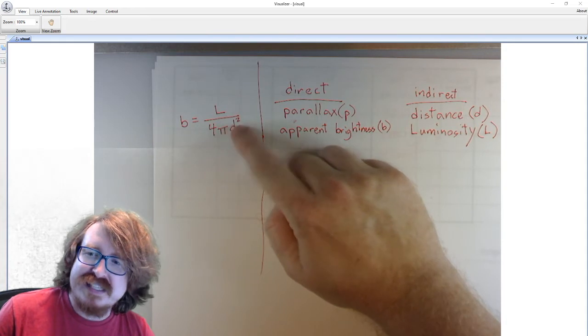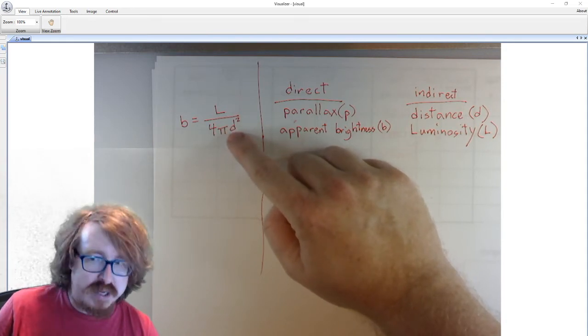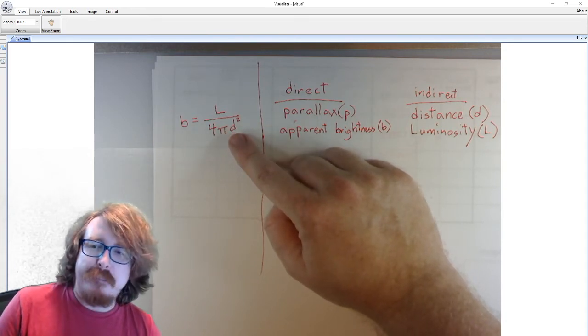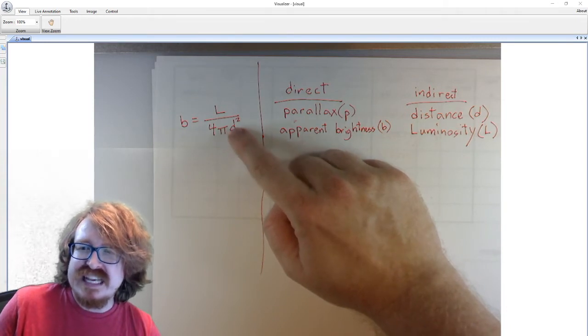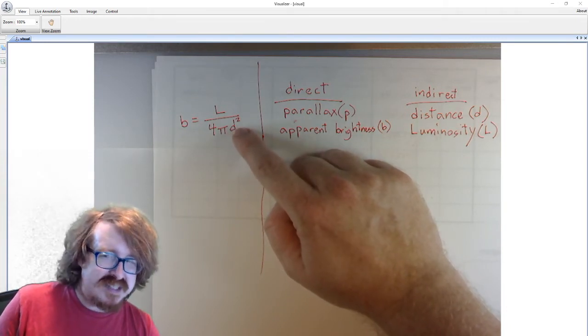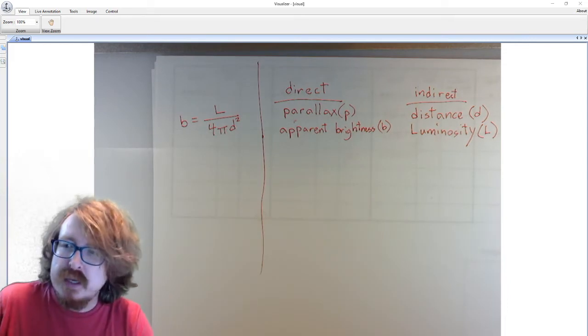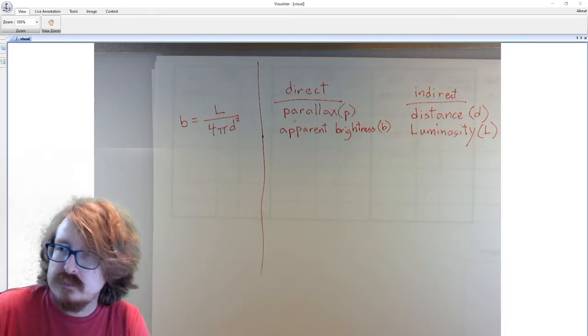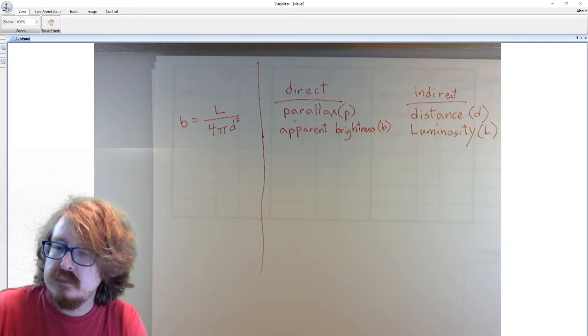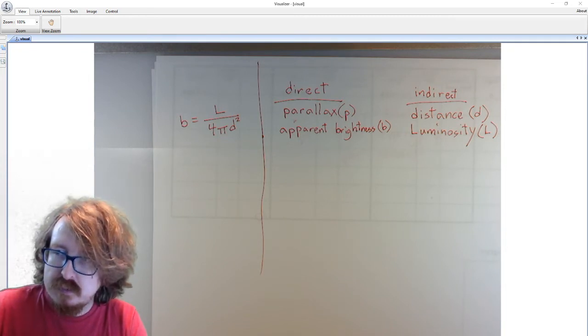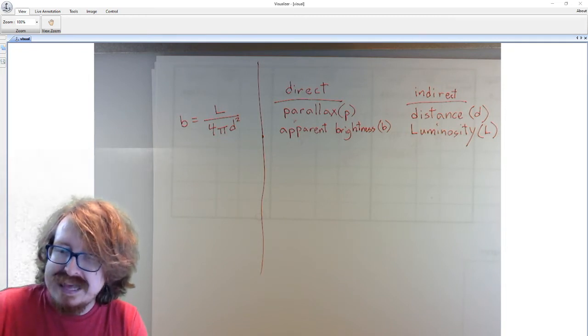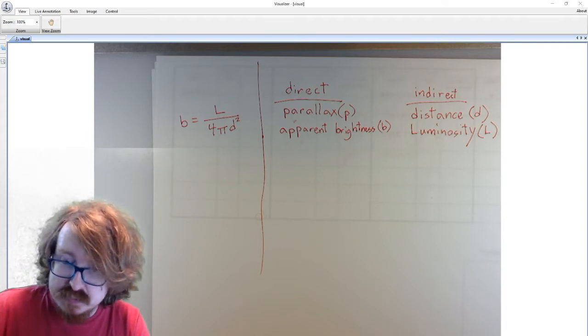If we increase the distance, if we increase the bottom of this fraction, what would happen to the total? If we increase the d right here, because it's in the bottom of the fraction, we're making the bottom of the fraction bigger, what would happen to the total? It decreases the overall total.